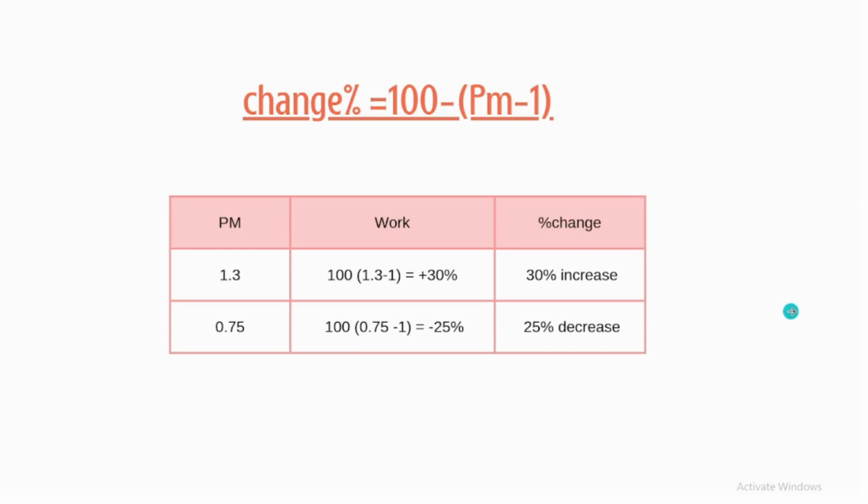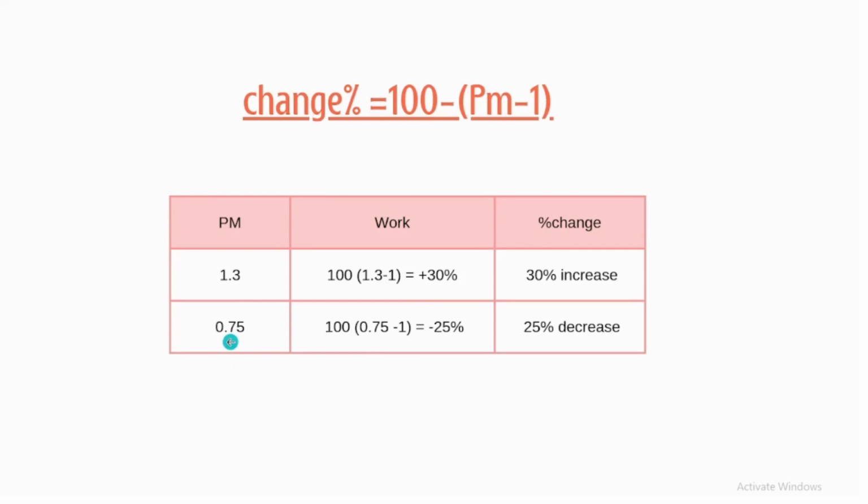We have here how to calculate the percent change. You also have to memorize this rule: 100 times the PM minus 1. If the PM is 1.3, the percent change will be 100 times (1.3 minus 1) equals 30%.